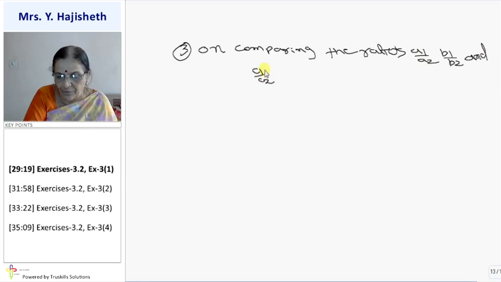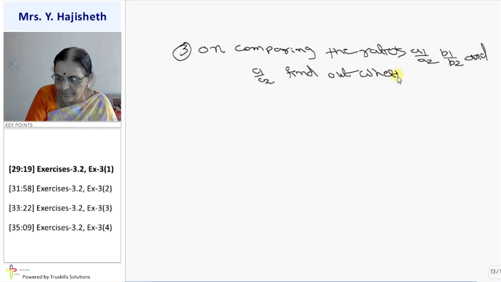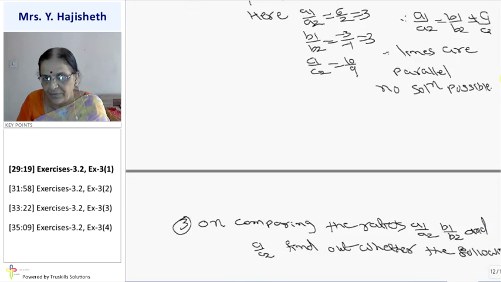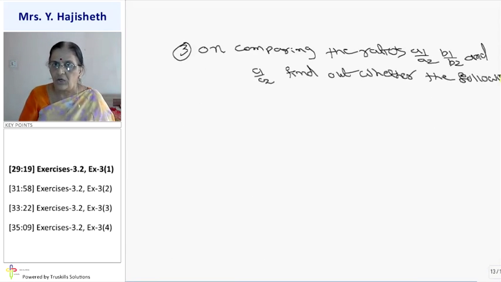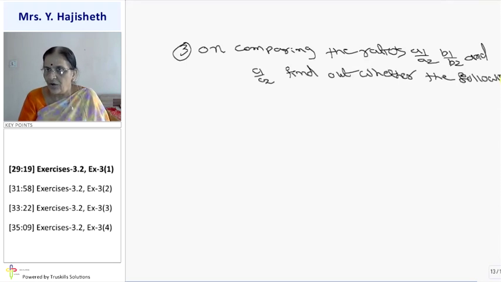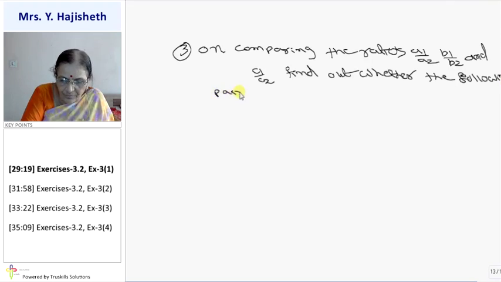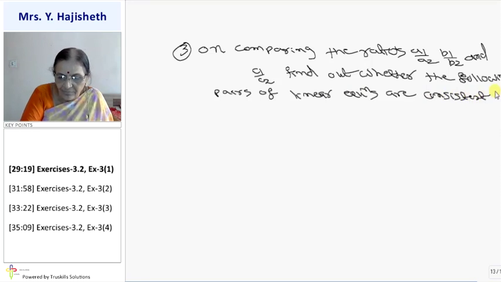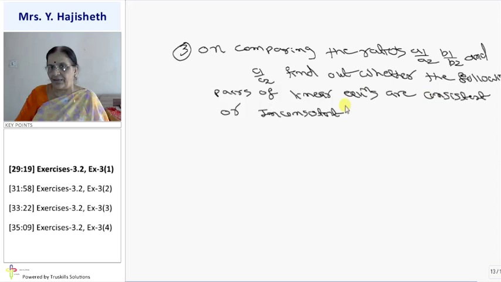These are all the sums I am doing from 3.1. Find out whether the following pairs of linear equations are consistent or inconsistent. Earlier I was asking for answers geometrically, here it is asked algebraically. You only have to check consistent and inconsistent, nothing graphically.